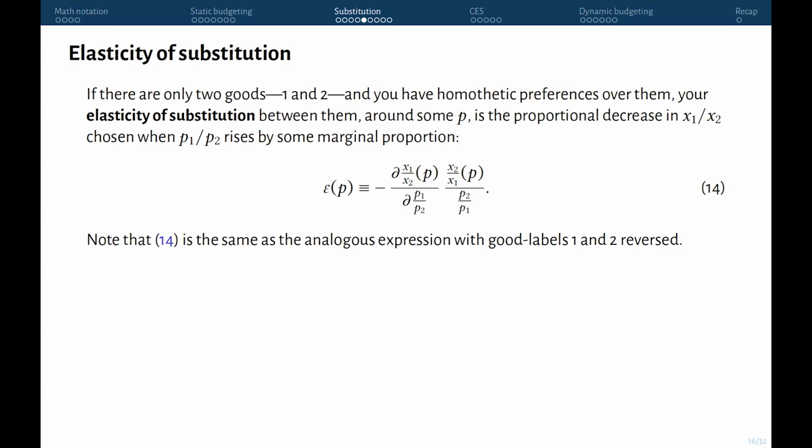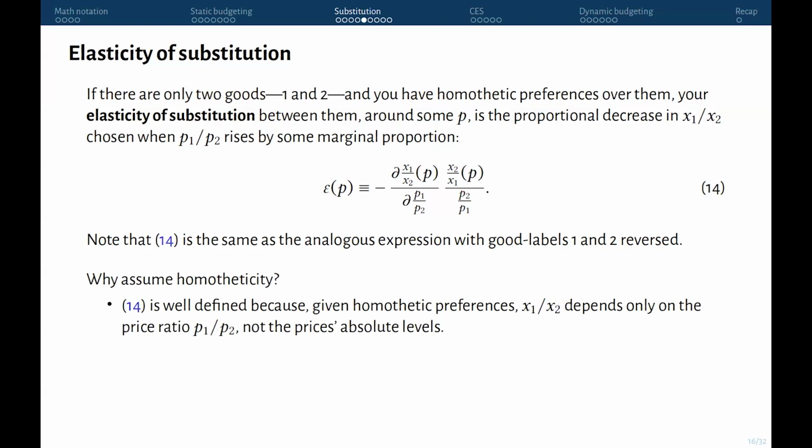And since that'll usually be negative, we just put a negative on it. So we're talking about a positive quantity. Like if good one gets relatively more expensive, typically we'll buy less of it. And it turns out that whether you put the one on top or the two makes no difference. You're going to get the same formula when you work it through.